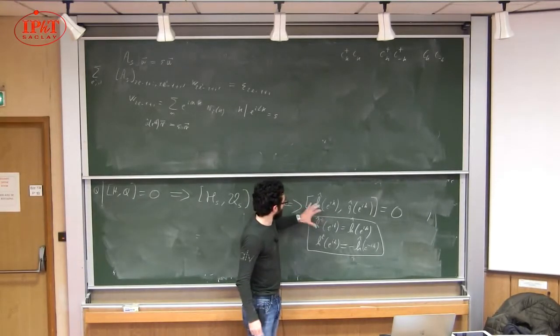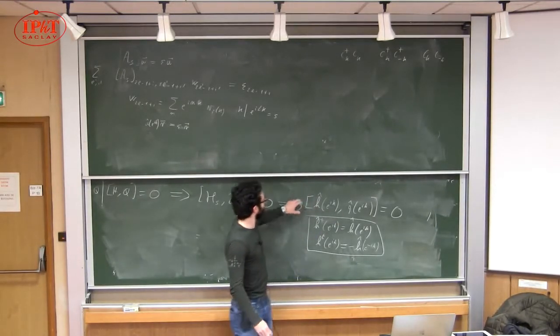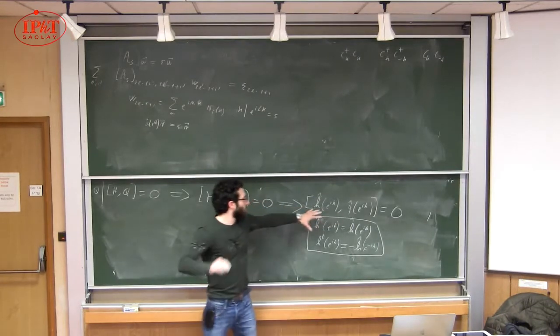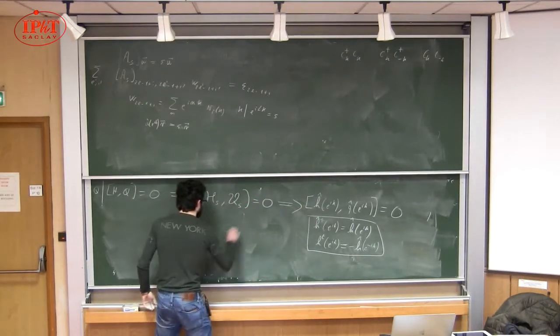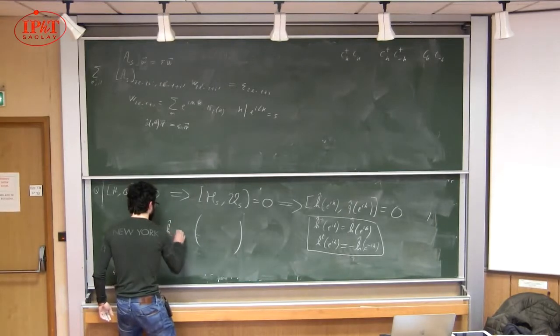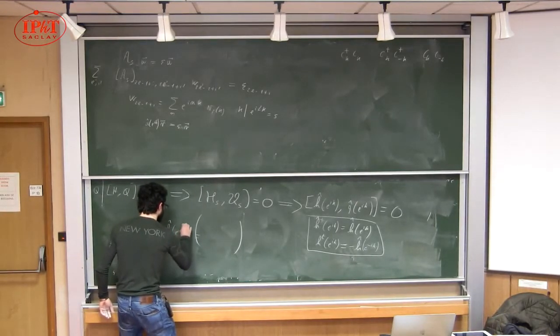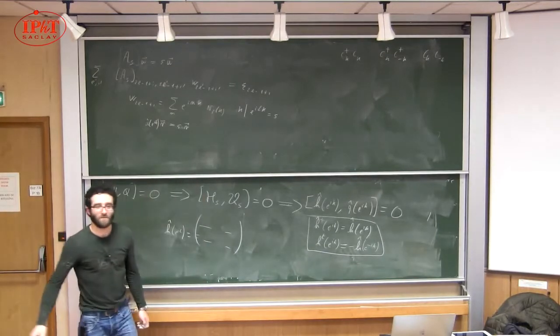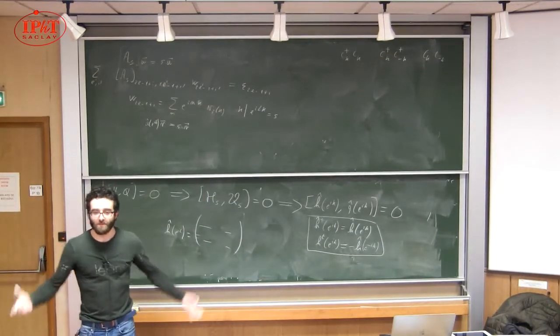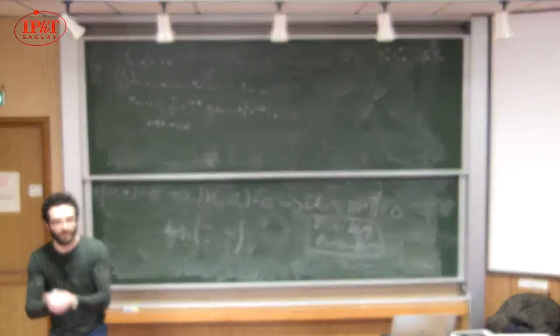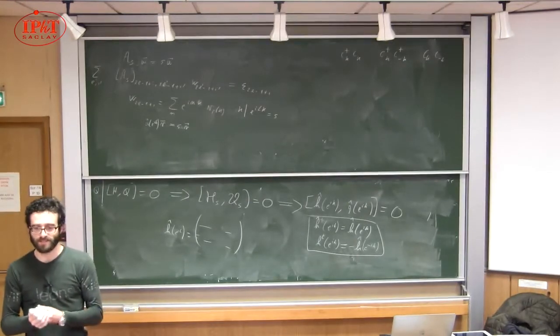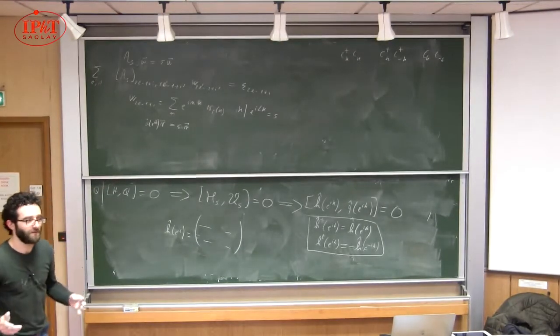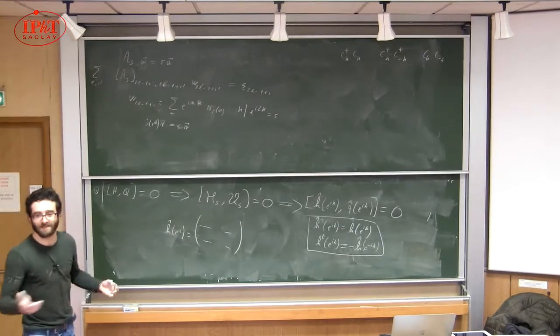But now let's imagine you have just this 2 by 2 matrix, H of e to the ik, which can be something with 4 elements here. And you want to find all the matrices that commute with this 2 by 2 matrix. There is a trivial matrix that always commutes with all matrices, which is the identity.